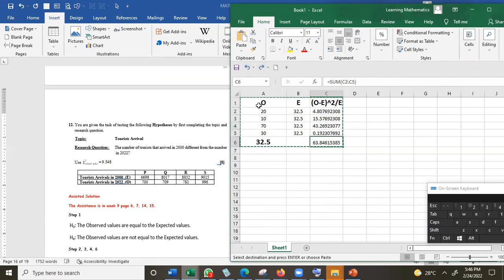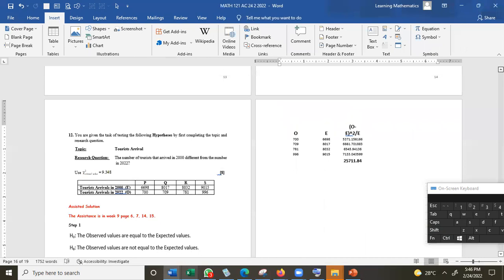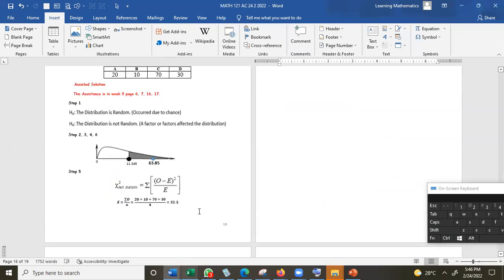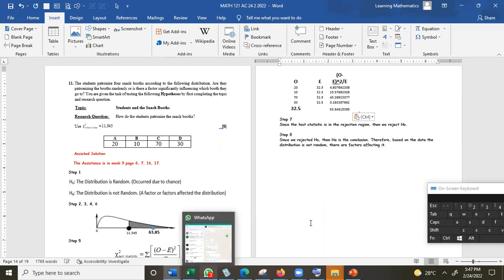And this is the one for the randomness. There it is. So make sure you copy and paste your calculations for the chi-square test statistic, if using Excel.